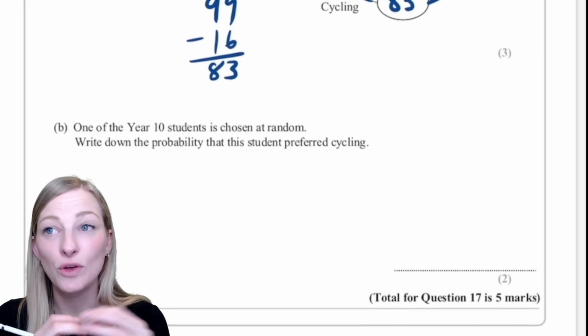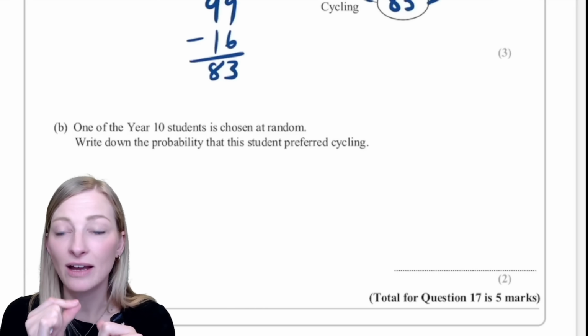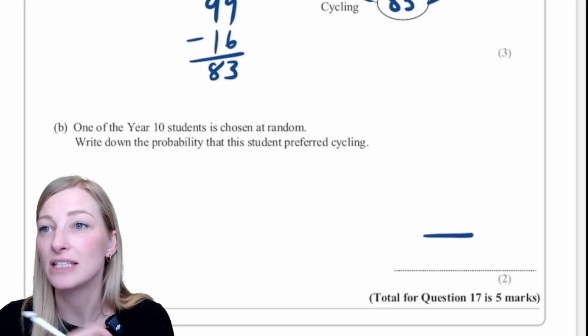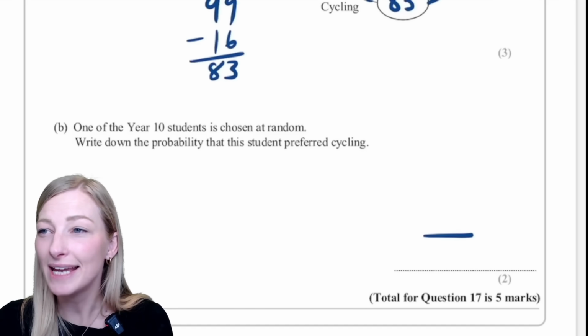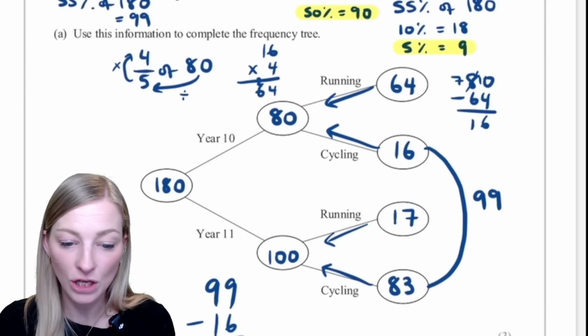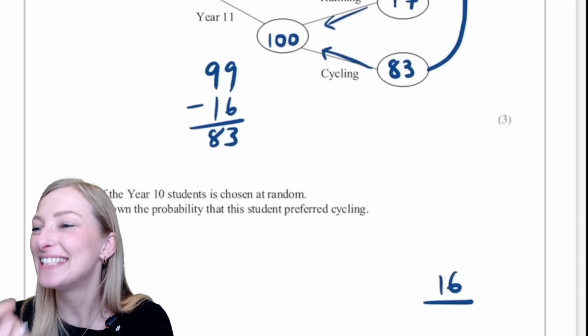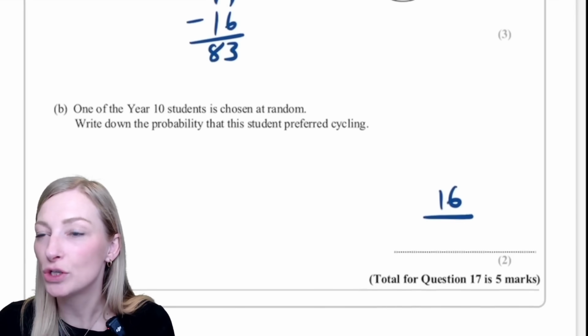We're then told that one of the year 10 students is chosen at random. Now we are only picking from the year 10s. So this is out of the number of year 10s. We want to write down the probability that this student preferred cycling. So a year 10 that prefers cycling is going to be these 16 students. So 16 is the number of students that we're interested in picking, but we're only choosing from year 10.